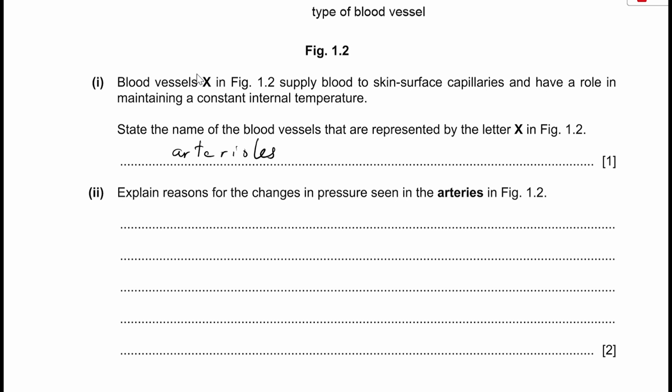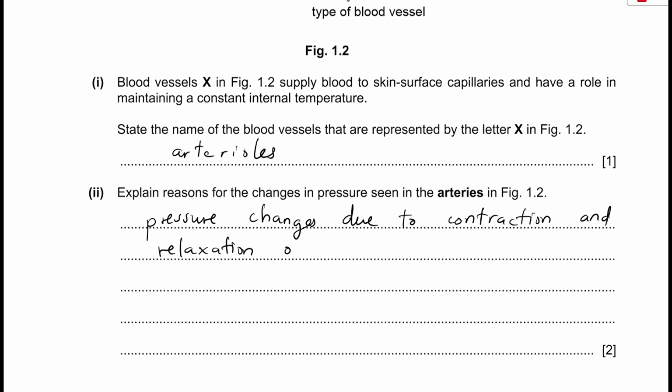Then the pressure will increase. And when the ventricles relax, the pressure is going to fall, because when the ventricles relax, it means they are opening up and blood is rushing into the ventricles. So we can say here, pressure changes due to contraction and relaxation of ventricles.